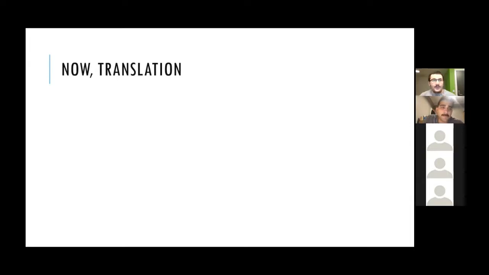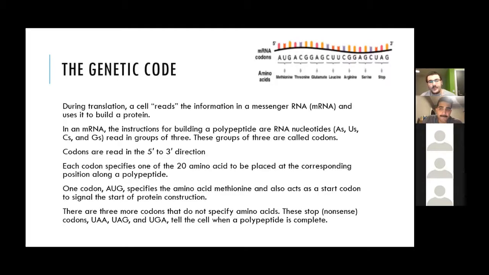Now we're going to talk about translation. First, before we talk about translation, we're going to think about the genetic code and how it works. The language of this mRNA is the codons, the groups of three letters, which give you the information for what amino acid you use.